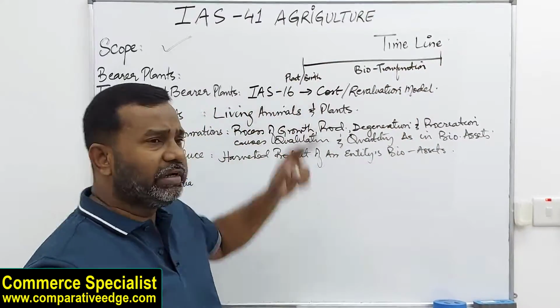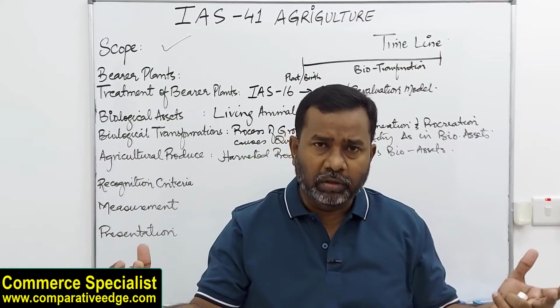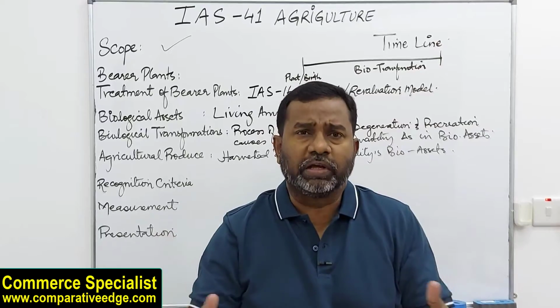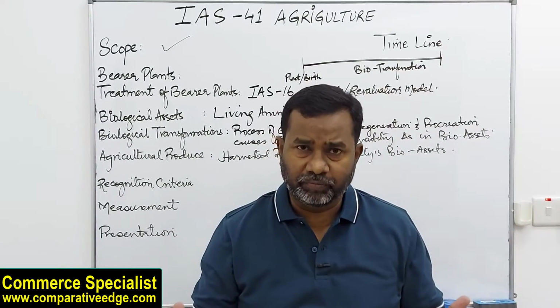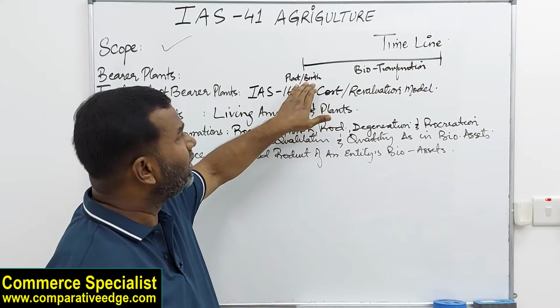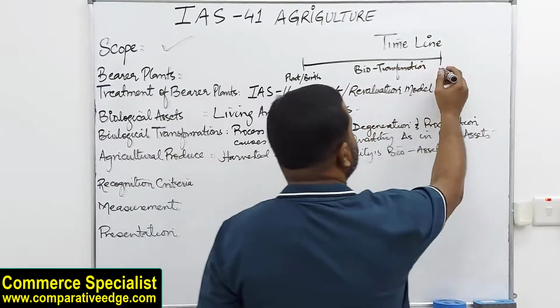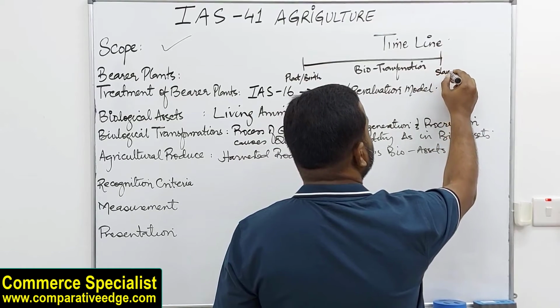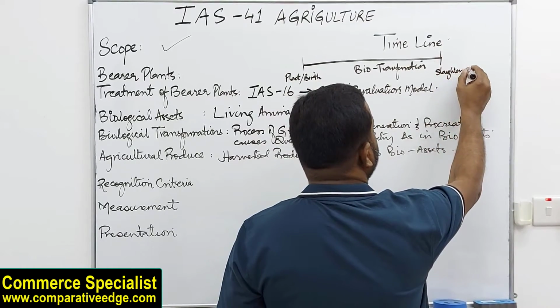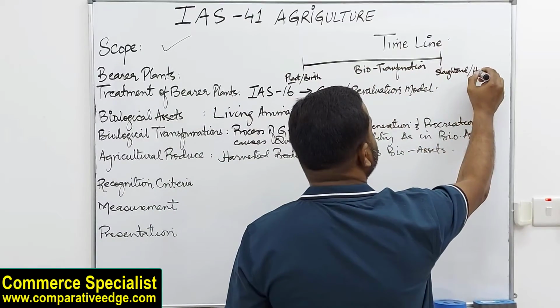You planted a seed, the seed became a small plant, and the plant grew into a big tree giving produce like fruits and vegetables. Or a goat gave birth to a kid, the kid became a big goat, and then it is slaughtered. Or if it's a plant, it is harvested.